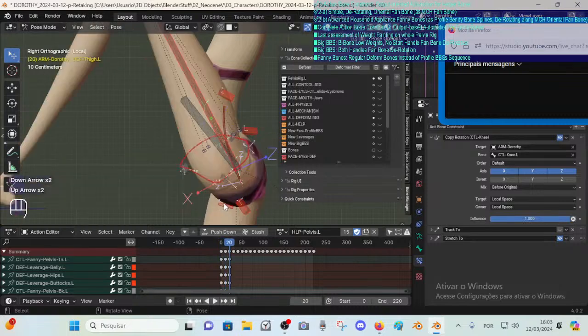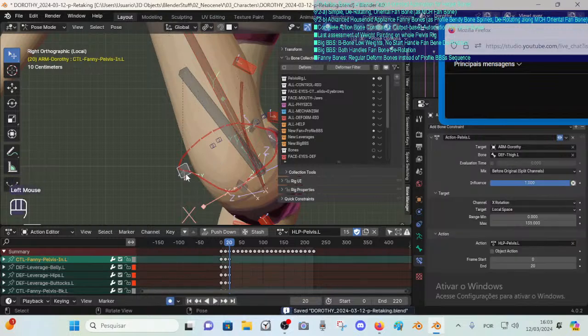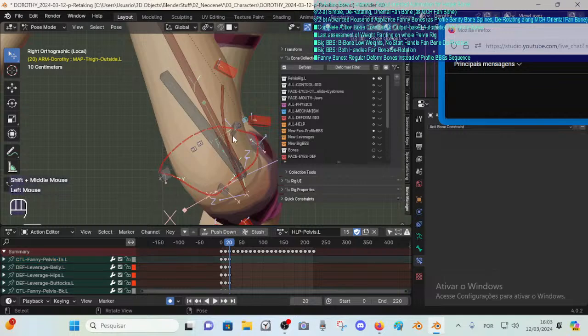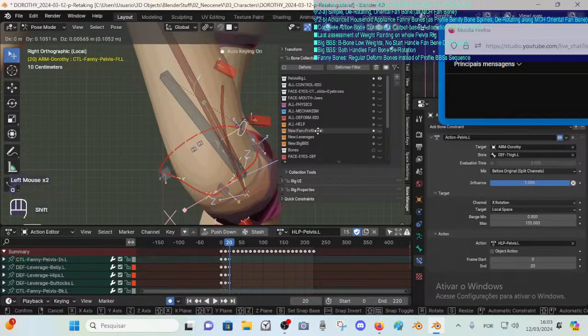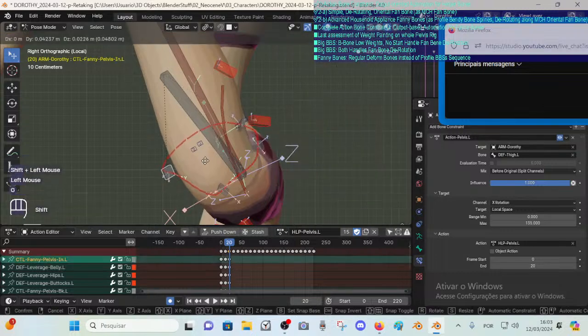So I know this is the major pose, so let's make some fixing here. Okay, so I've enabled auto keying, and since I see that the thigh is very displaced, on this keyframe I'm gonna repose some stuff here.